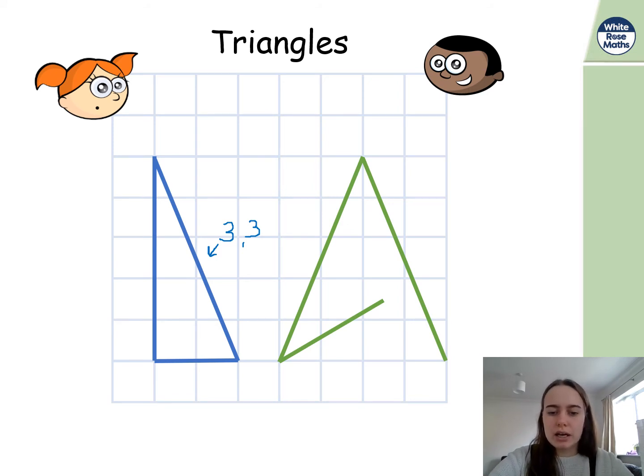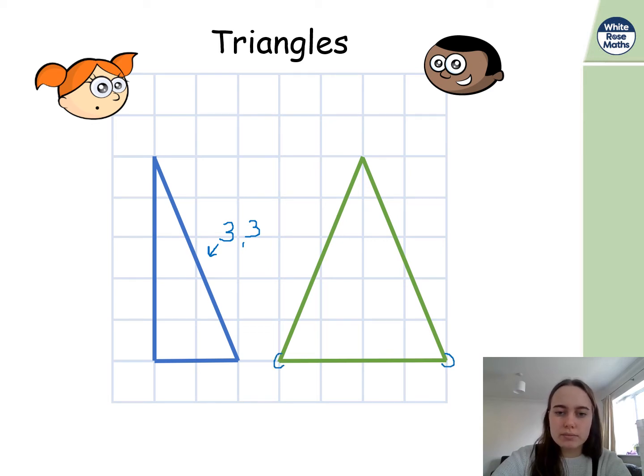If I finish that line, is that going to make a triangle? Sort of does, but this bit of the line here means that it's not a triangle, so we need to get rid of that line going up and go across to join up to the other side, so it gives us 3 vertices. So there you go, that is a triangle with 3 sides as well.